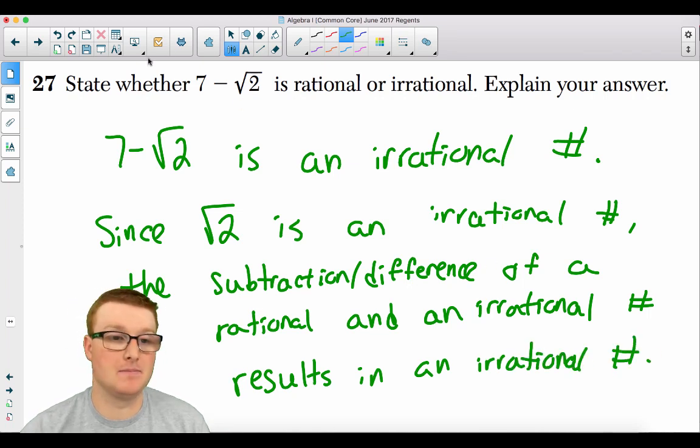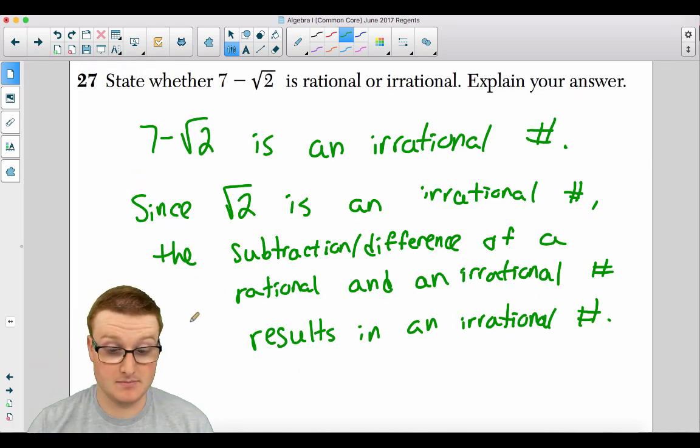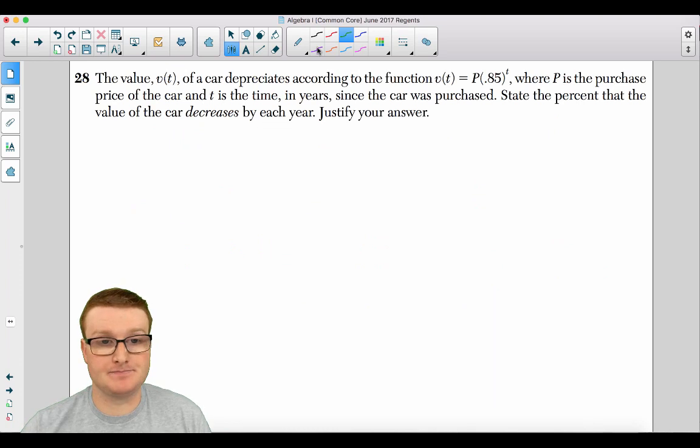That's how you explain your answer, okay? And that's all you need to do to get that question right. Done. All right, number 28.